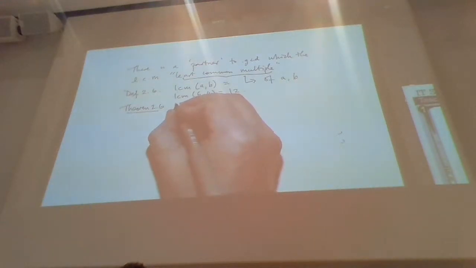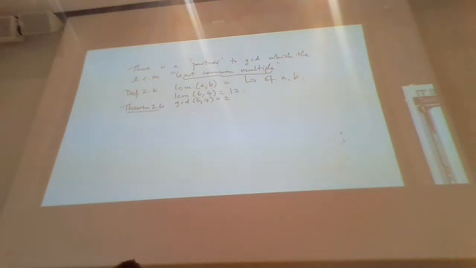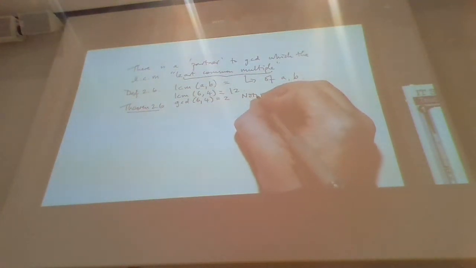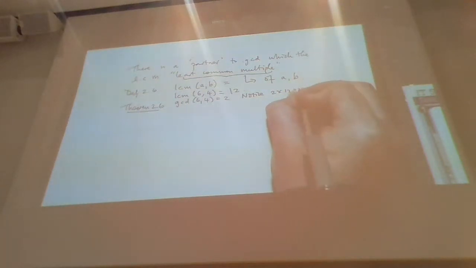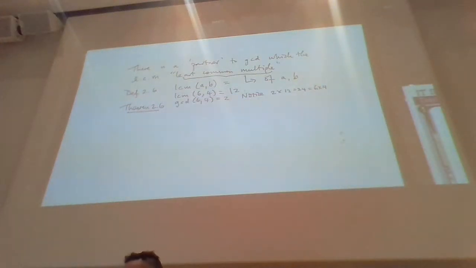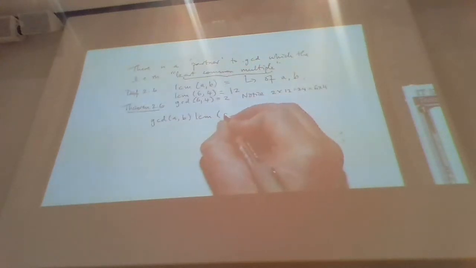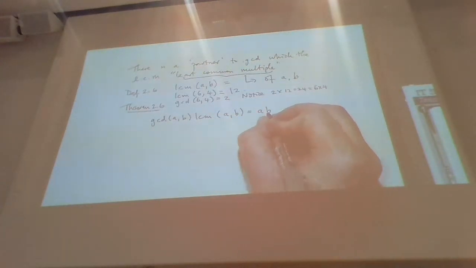So the GCD is 2, and 2 times 12, which is of course 24, happens to be equal to the product of 6 and 4, which was the original pair we were looking at. And that's no coincidence. Theorem 2.6 proves this in general: the GCD of A and B, multiplied by the least common multiple of A and B, will always give the plain old product of A and B. So this shows us that GCD and LCM are inextricably linked.